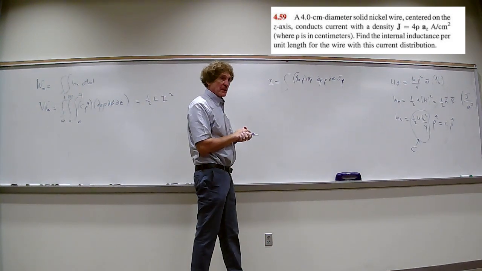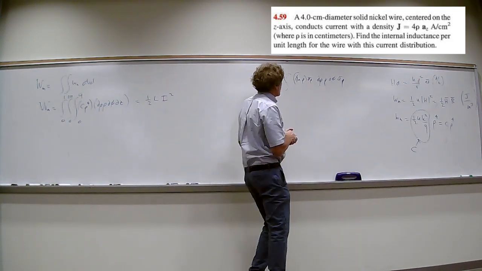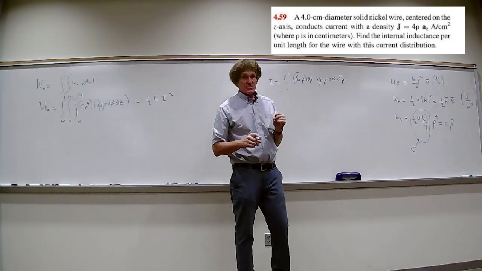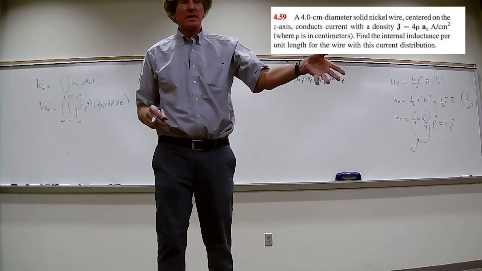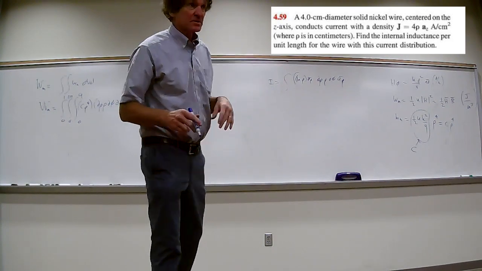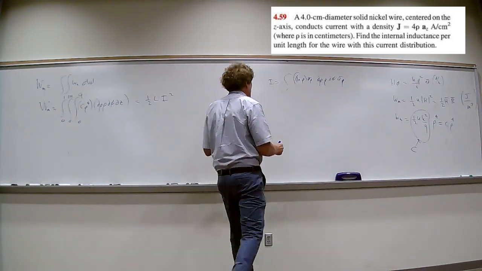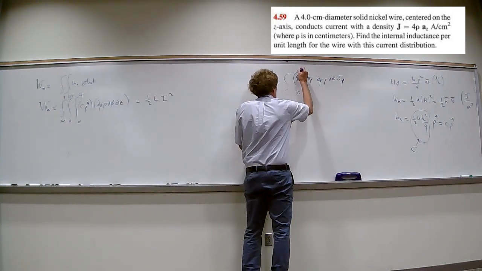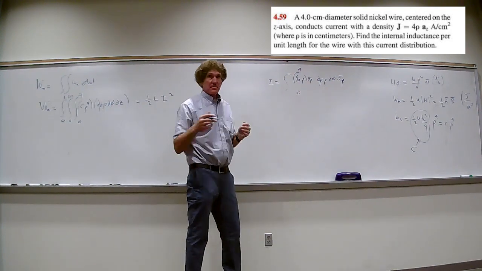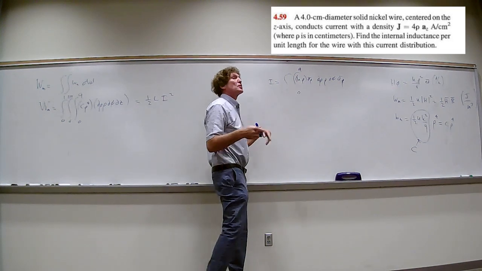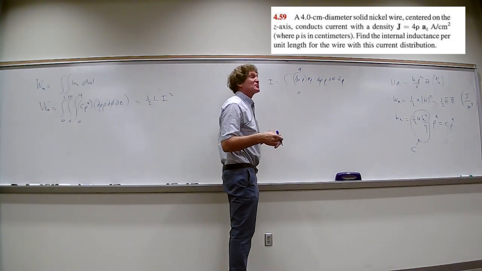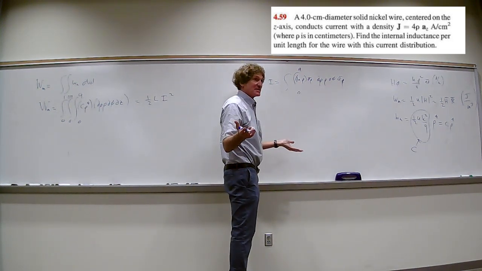Y'all with me? Now when you do this, where does rho go from in this case? If we want total current, from 0 to a, right? The radius, just a. Where does phi go from, class? 0 to 2 pi, right? Y'all with me on this?